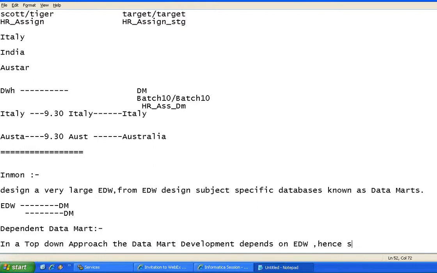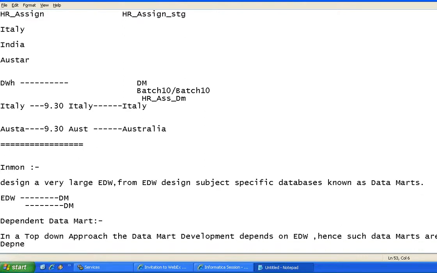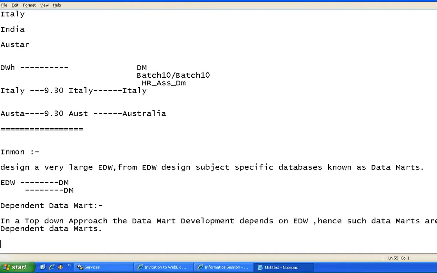Hence, such data marts are known as dependent data marts.